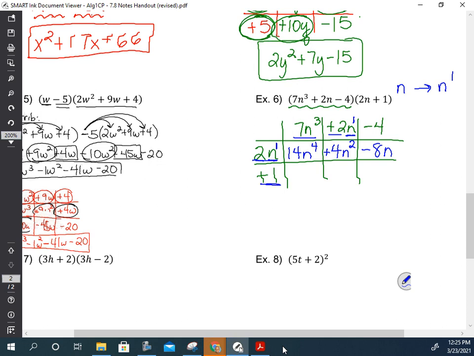One is such a beautiful number. Anything times 1 is itself. 7n to the third. 1 times 4 is 4. 2n minus 4. That's what we get when we multiply everything out.